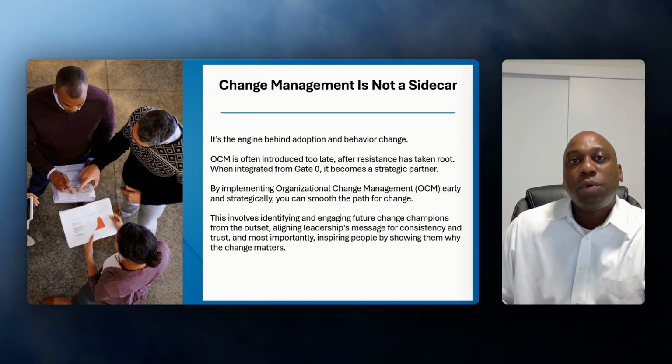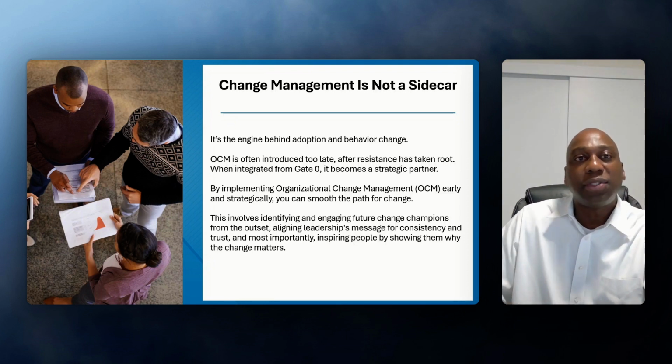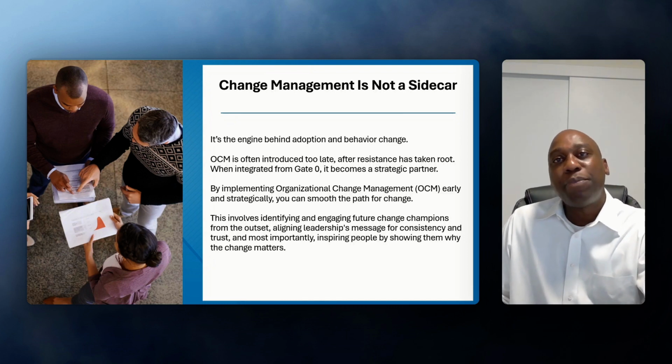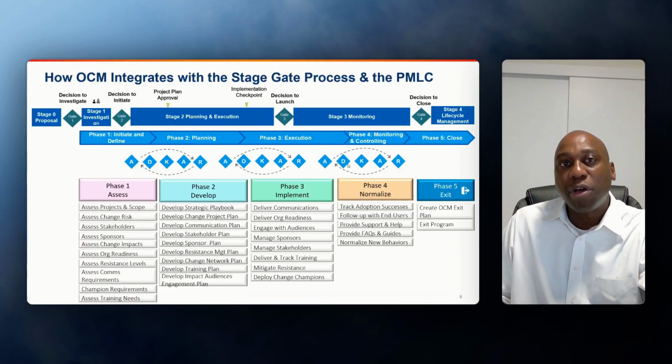And that's when we see a lot of project managers bring in change management when it's almost too late. Here's what happens though when you embed OCM starting at gate 0. During these first conversations about a project's flexibility and purpose, it becomes entirely different.